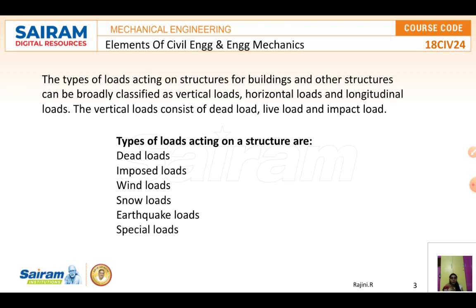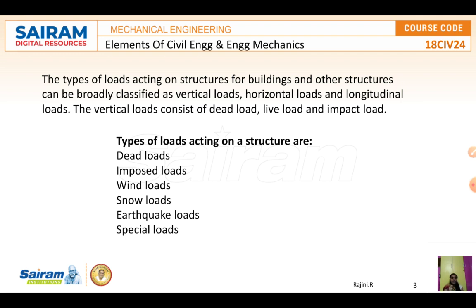Whatever the loads, now we'll see for an individual structure. Let us take a building, one example, a building or any house. What are the types of loads it can take up? The types of loads acting on buildings and other structures can be broadly classified as vertical loads, horizontal loads, and longitudinal loads.